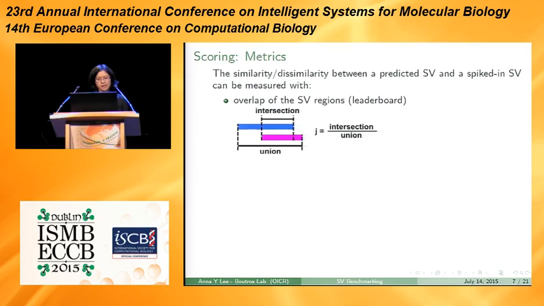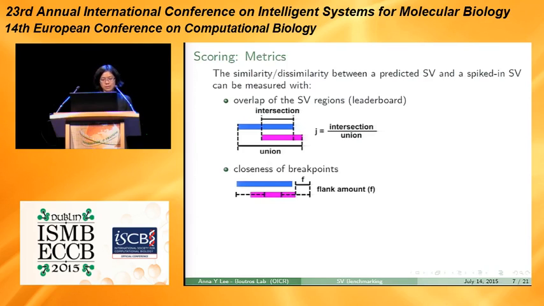First, the one that I'll describe basically involves the intersection or overlap of the genomic regions defined by these structural variants. So, for example, if you imagine that the blue segment represents a predicted structural variant and the pink one represents the spiked in structural variant, we can compute the Jaccard index, which is a measure of the overlap. And this approach is used on the online leaderboards.